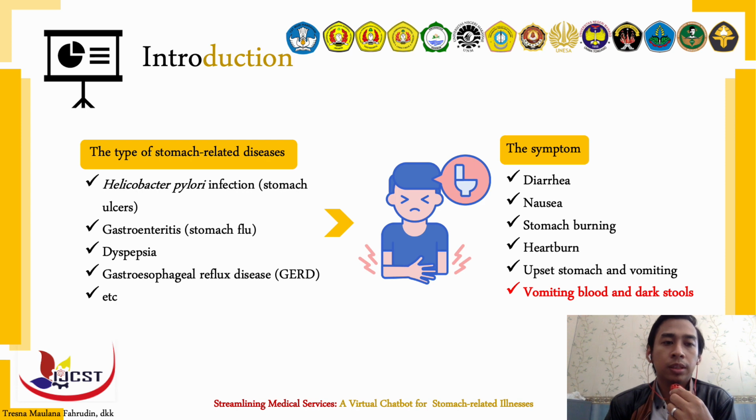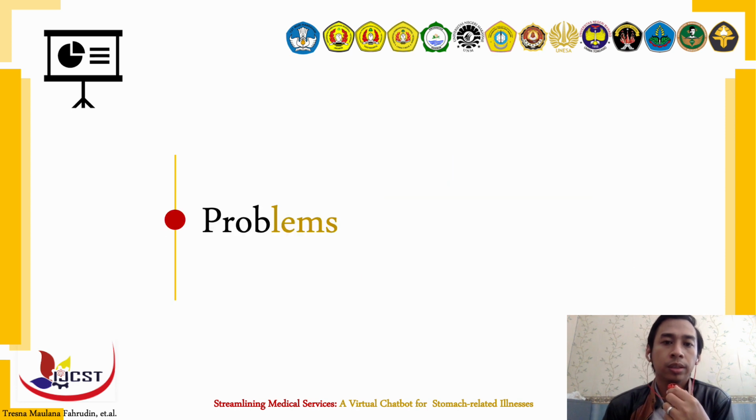The types of stomach-related disease are Helicobacter pylori infection, gastroenteritis, dyspepsia, or gastroesophageal reflux disease, called GERD. The symptoms are diarrhea, nausea, stomach burning, heartburn, upset stomach and vomiting, and even vomiting blood and dark stools.